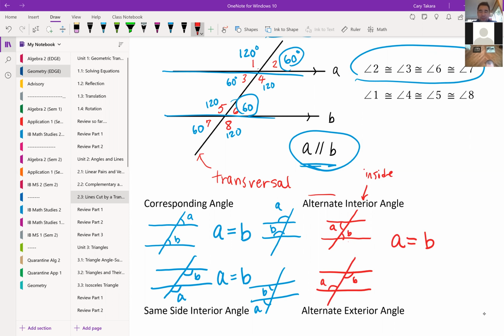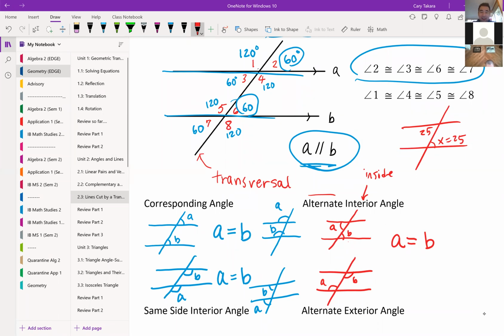Essentially, what we're going to do today, later as our homework, is something like this. If I say this is 25 degrees, and then I ask, what is X? Well, X has to be 25, right? X has to be 25. Why?